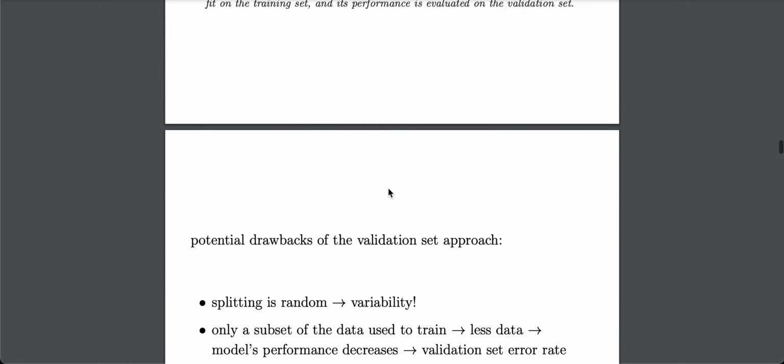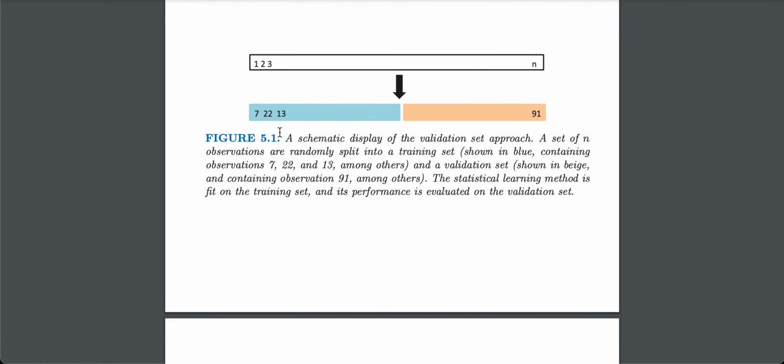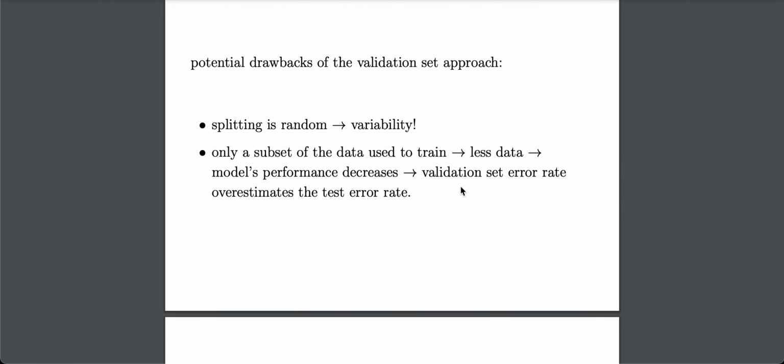In comparison, if we had used all the data, or almost all the data, we would have used more information, so the model would have been better. So the validation set error rate overestimates the test error in this case. That's a potential drawback.